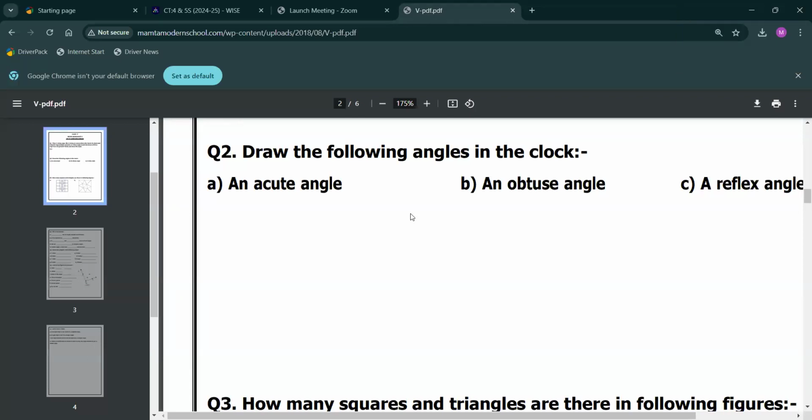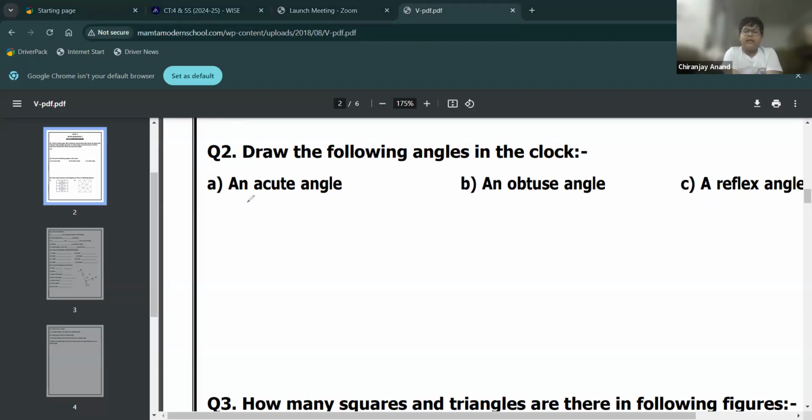And you are not revising after the class also. Ma'am, I can't get the things after we are done with the ray, the things that are acute, obtuse, and reflex angle.